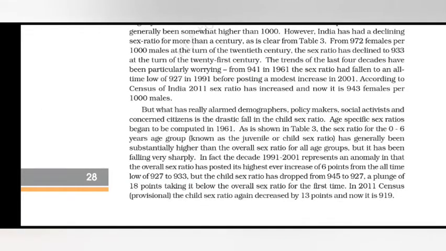The trends of the last 4 decades have been particularly worrying. From 941 in 1961, the sex ratio has fallen to an all-time low of 927 in 1991, before posting a modest increase in 2001. According to Census of India 2011, sex ratio has increased and now it is 943 females per thousand males.